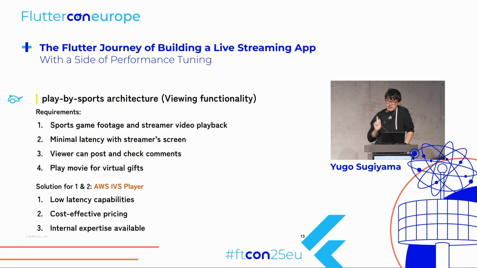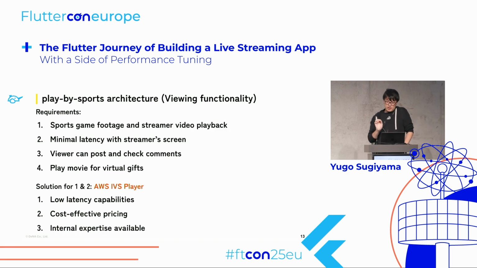Next, I'll explain the viewing functionality of the Play by Sports architecture. For this part, we need to support the playback of both the sports game footage and the streamer's video, and at the same time, keep the latency between streamers and viewers as low as possible. If the streamer speaks and the video reaches the viewers 1 minute later, real-time communication, including comments between the streamers and the viewers, becomes almost impossible.